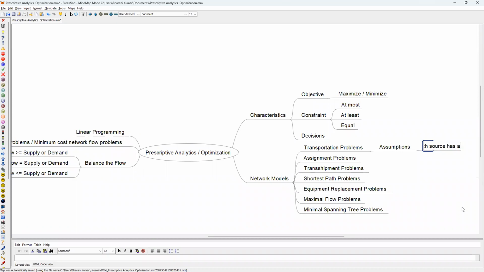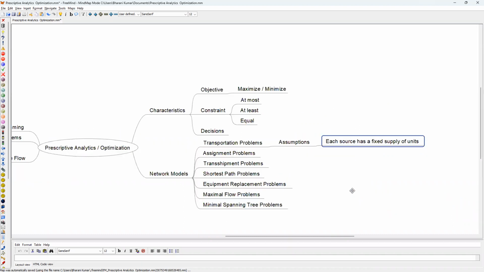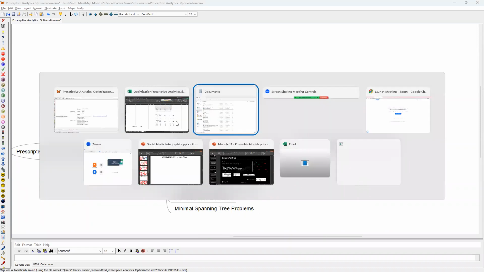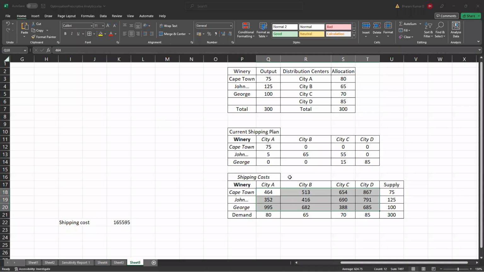That means the entire supply must be distributed to the destinations. So for example, if your supply here is 75, Cape Town, the entire 75 has to be distributed to all these cities. If you have 125, the entire 125 should be distributed. If you have 100, the entire 100 should be distributed.